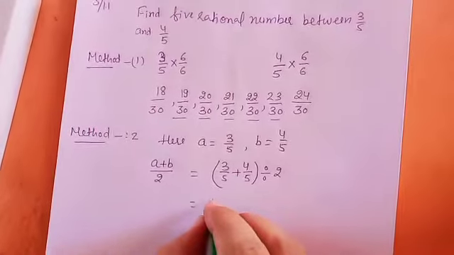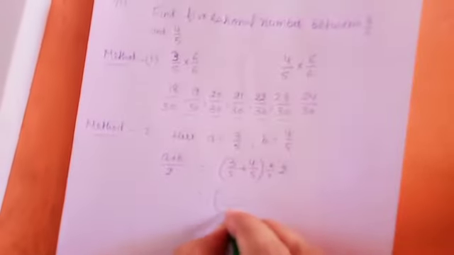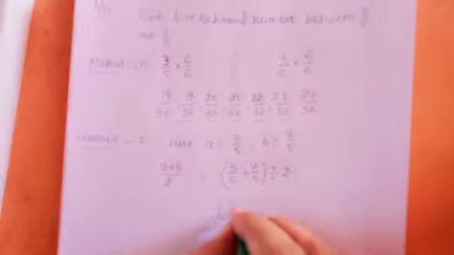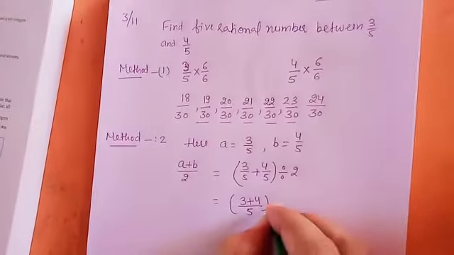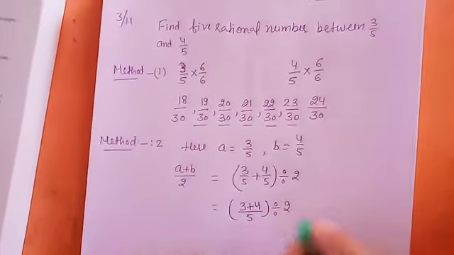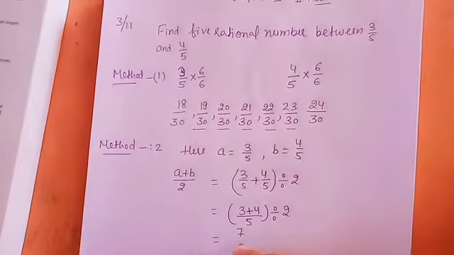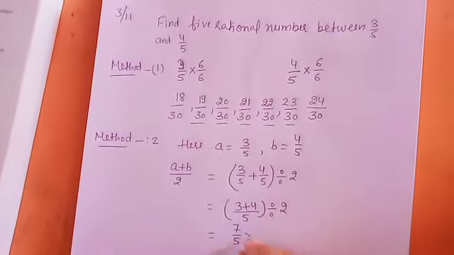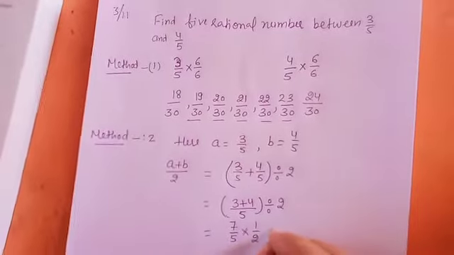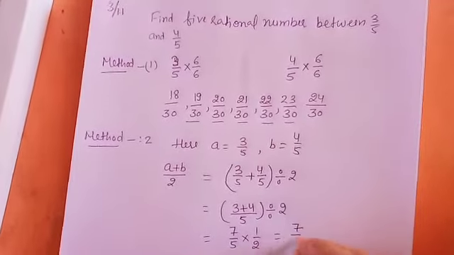Next step, what do you have to take? LCM. What's your LCM? 5. So 3 plus 4 over 5, and divide by 2. It means 7 by 5, and division changes into multiplication, this becomes 1 by 2. So 7 by 10.